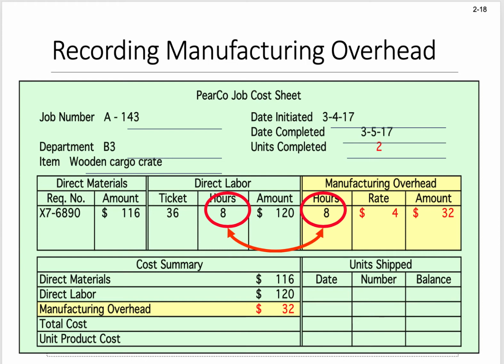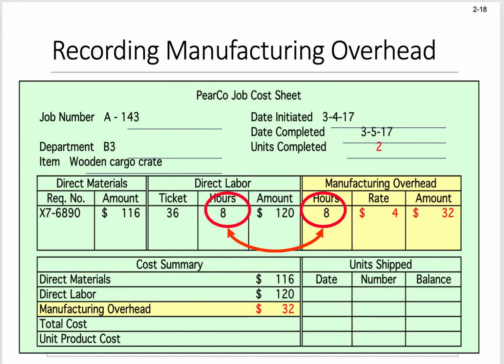So guess what? We can now calculate our total cost. What is the total cost of this job? Meaning, how much did it cost us to produce wooden cargo crates for, for example, the Ford company, right? Very, very easy to do, right? We already got direct material, direct labor, manufacturing overhead.